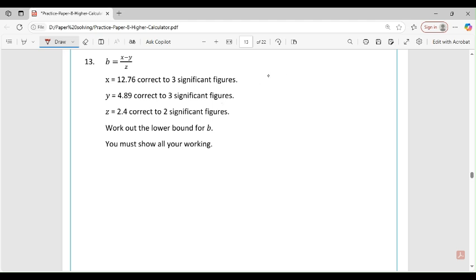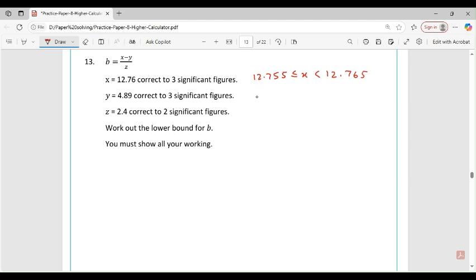Now, in here, what we should do is write the lower bound of 12.76. So this is going to be 12.755, as you know. And then the range is going to be between 12.755 and 12.765. So 0.005 is added and subtracted on both sides.